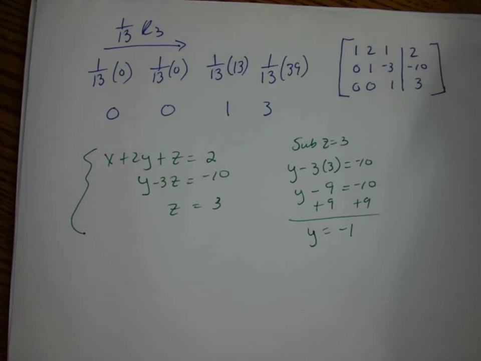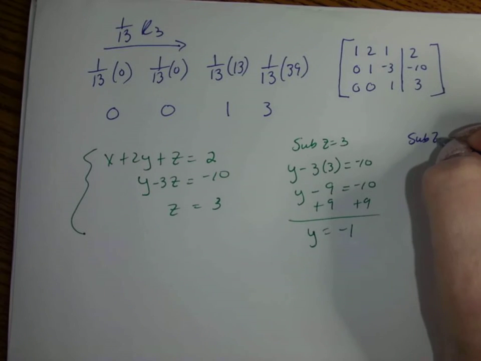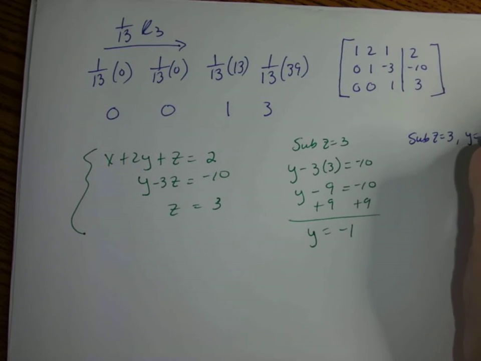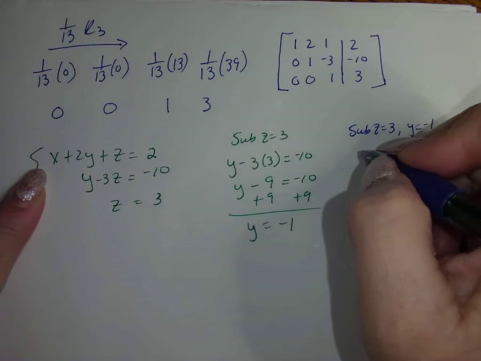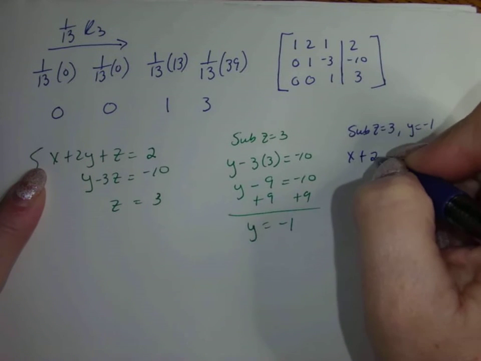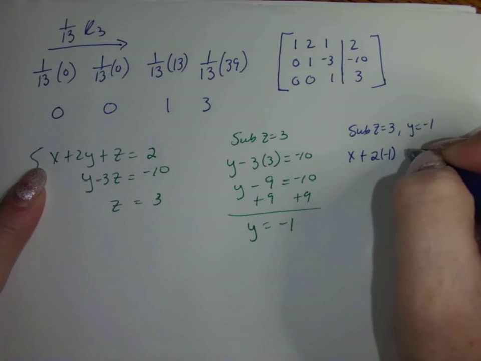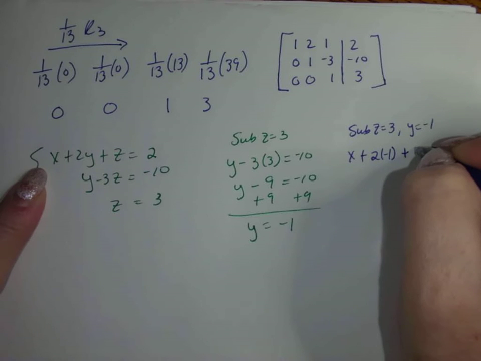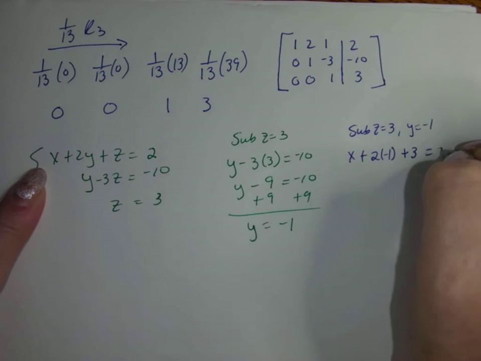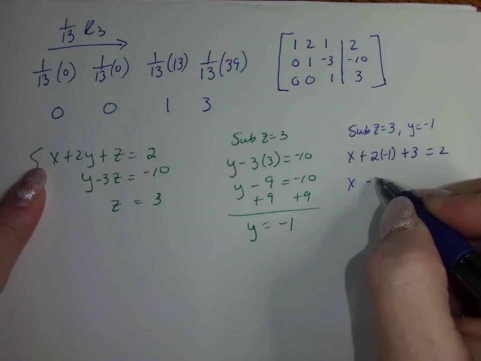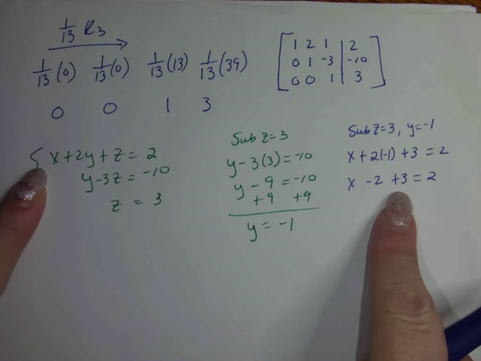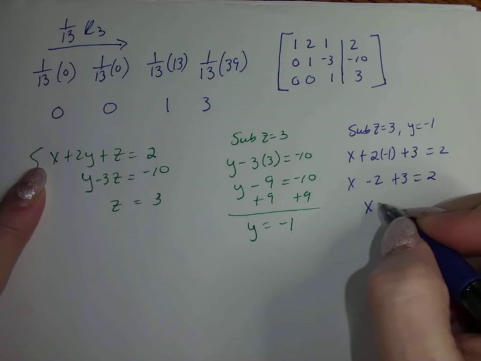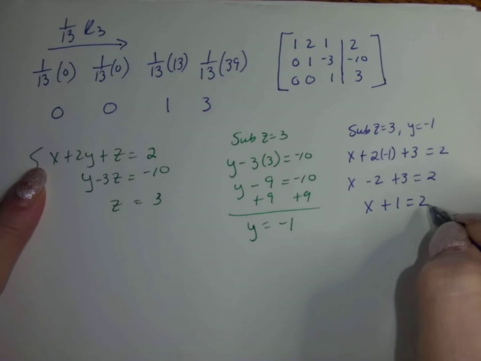Now what we'll do is sub z equals 3 and y equals negative 1 into our first equation. So we'll have x plus 2 times negative 1 plus 3 is equal to 2. So x minus 2 plus 3 equals 2. Well, negative 2 plus 3 will be 1. So x plus 1 equals 2.